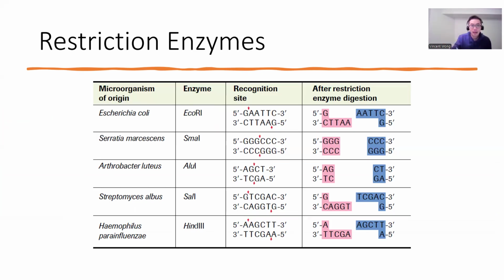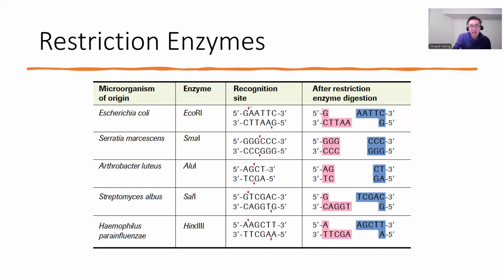Okay. You don't have to memorize the recognition site. I will always give you the recognition site in the question when I need you to use them. Okay. It's not even going to be like a separate tab. It's going to be right within the question. Now, the restriction enzymes can cut in one of two ways.